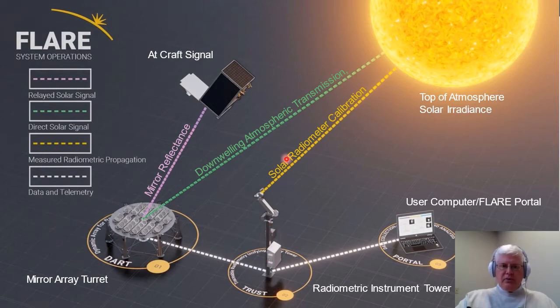The radiometer opens and measures the solar radiation calibration, which in turn is used to measure both the upwelling and the downwelling atmospheric transmission. And then the mirror system is opened, targets the bisection of the angle between the sun and the satellite, and uses the mirrors to relay a fractional amount of energy from the sun to the satellite, thereby providing a known point source to the overpass instrument. This can be used with satellites, airborne, or UAV technology.